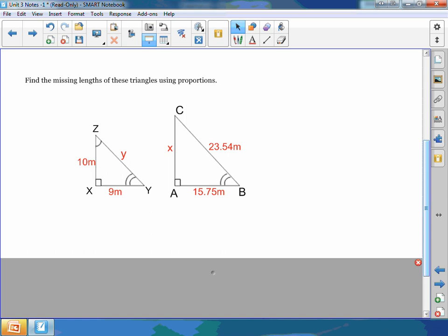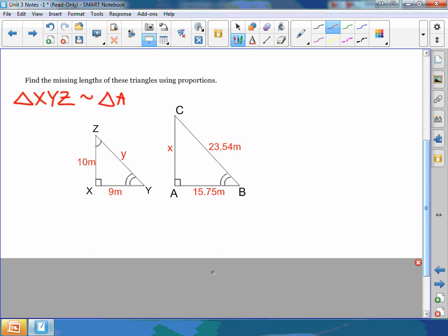So here's the deal. I'm going to say triangle XYZ is similar to triangle ABC. So there's the statement of similarity.